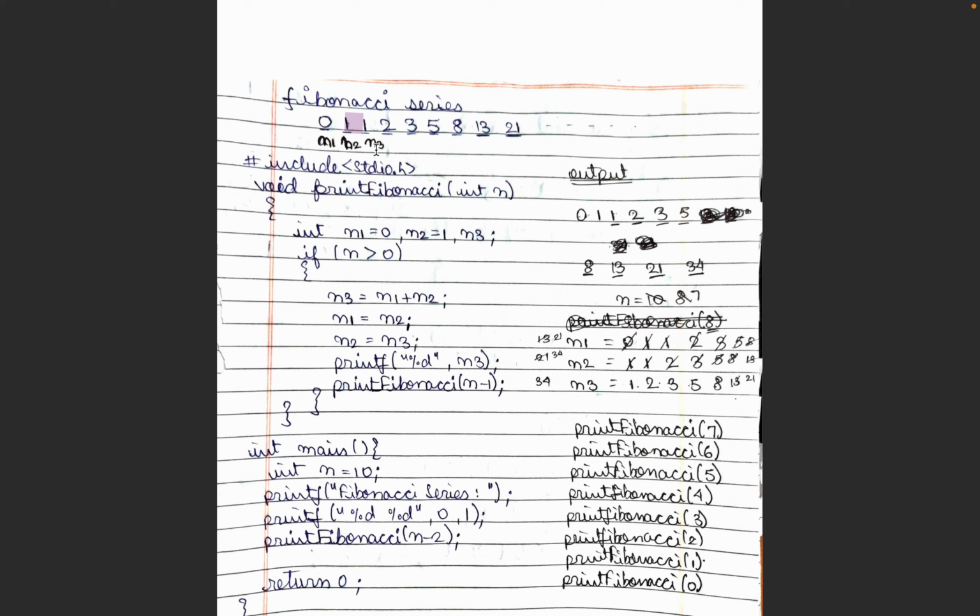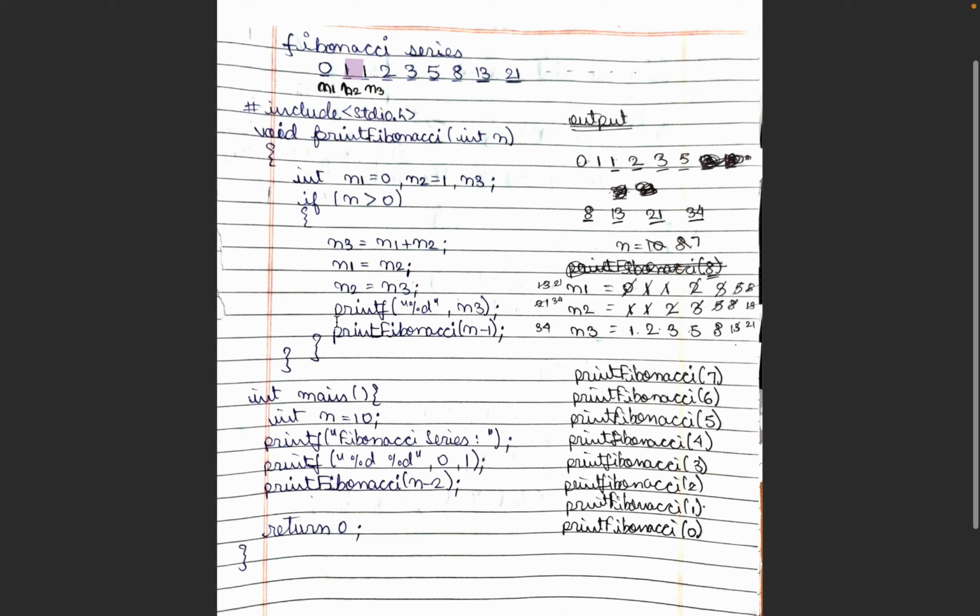Now we will decrement it. Now coming to the next statement, print Fibonacci n minus 1. See, in my previous video I told you, when you encounter a function and inside it the same function is being called, then you get to know that this is a recursion.